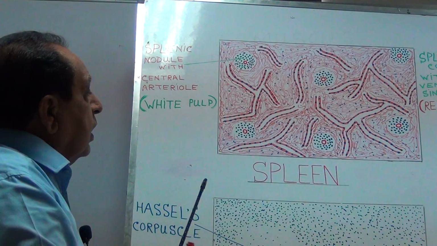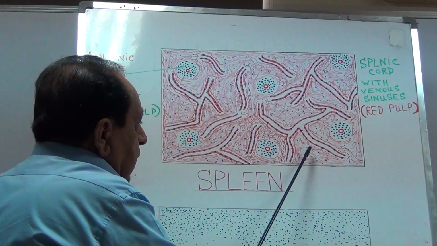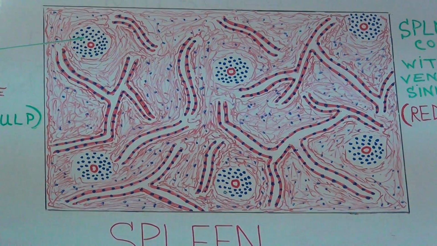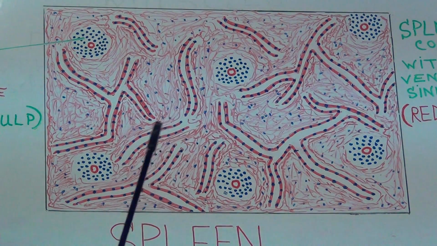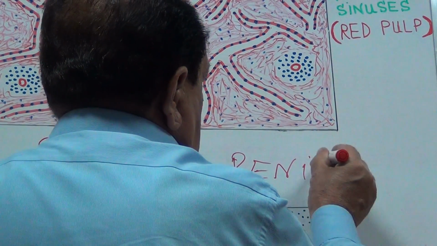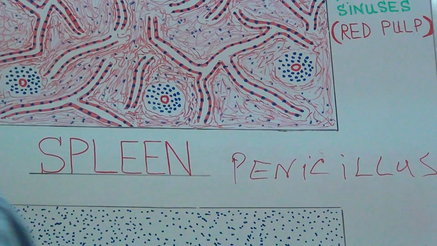Then as these arteries enter the red pulp, they further divide into branches called the penicillus.